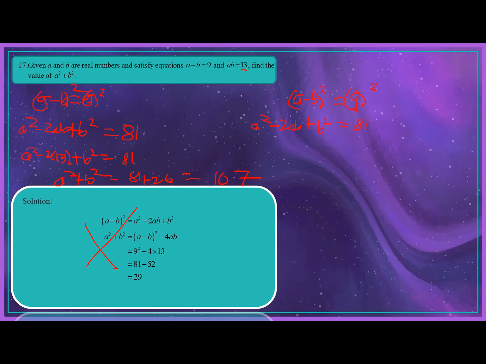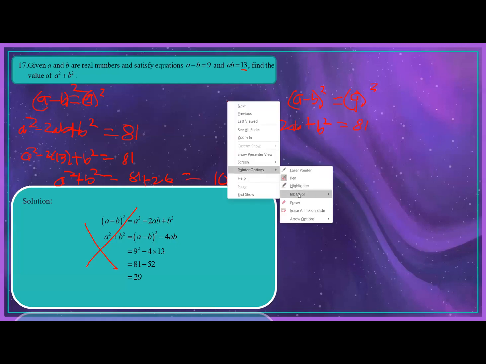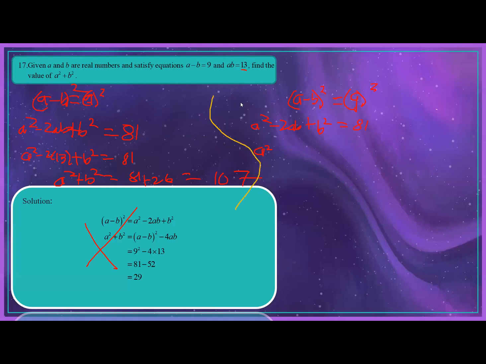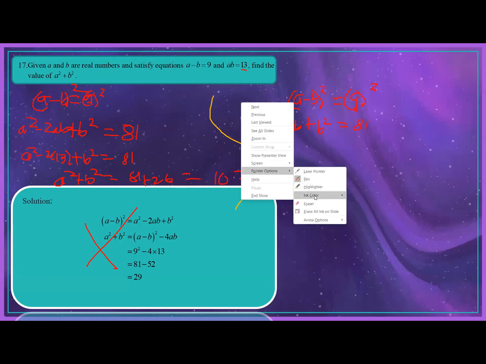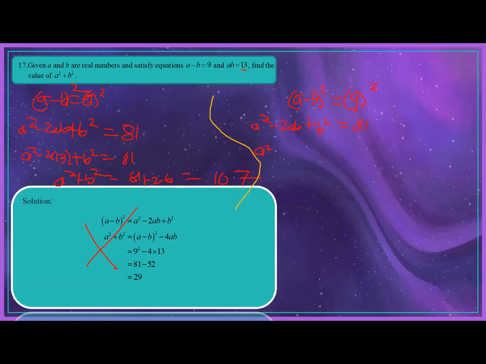We have ab equals 13, so a squared minus 2 times 13 plus b squared equals 81. So we have a squared plus b squared equals 81 plus 26.